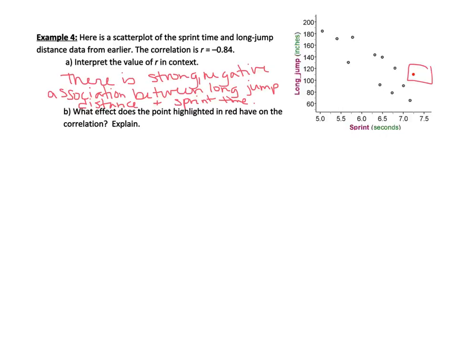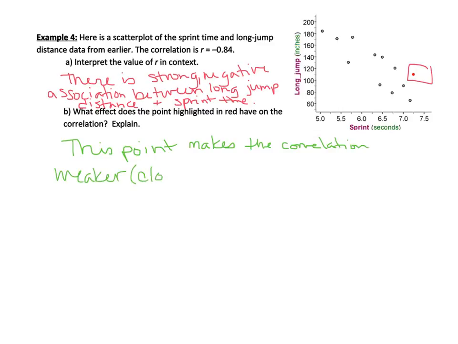It's not that far away, but it's a little bit out of the pattern. So we would say that this point makes the correlation weaker. And by weaker, you can also say that it makes it closer to 0.